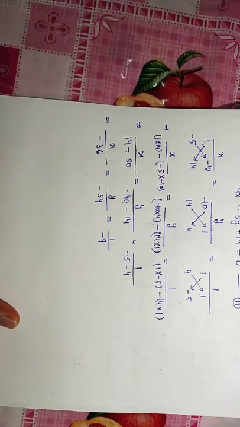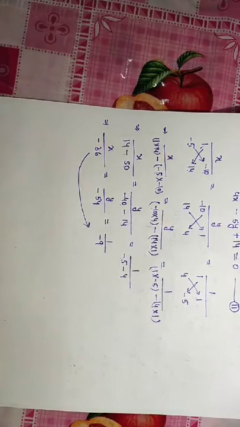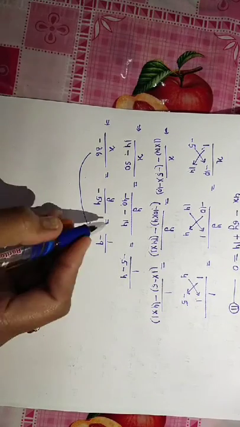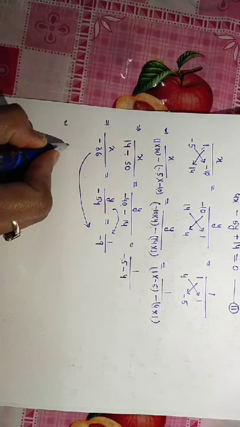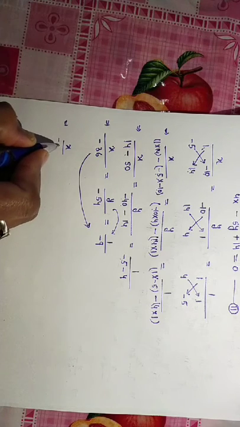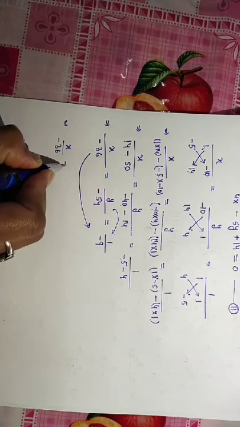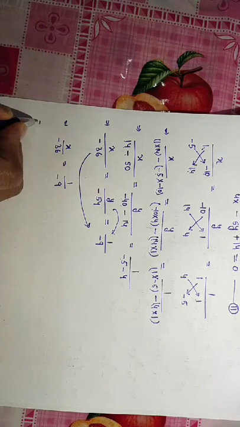For finding the value of x, we compare the first and last term, and for finding the value of y, we compare the second and last term. Now we find the value of x. We compare the first and last term, that is x upon minus 36 equal to 1 upon minus 9.